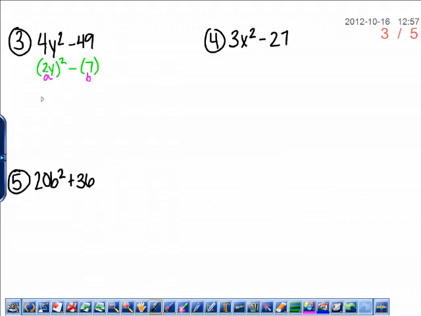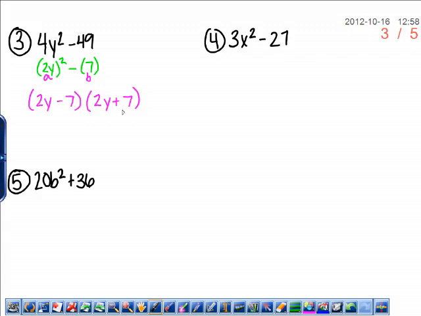So what are we going to get? 2y minus 7 and 2y plus 7. Good. Could you write 2y plus 7 times 2y minus 7? Yes, that you can rearrange. But you cannot rearrange the order of your terms inside your parentheses.